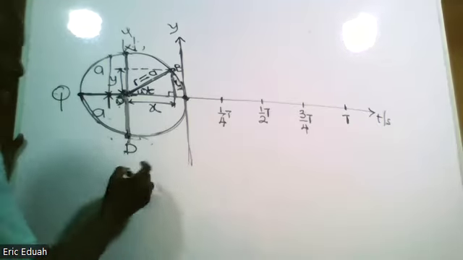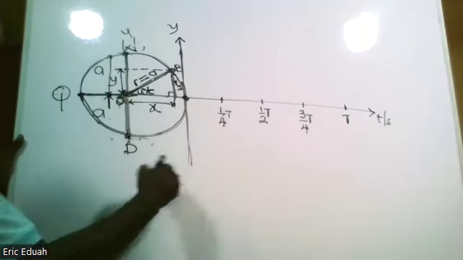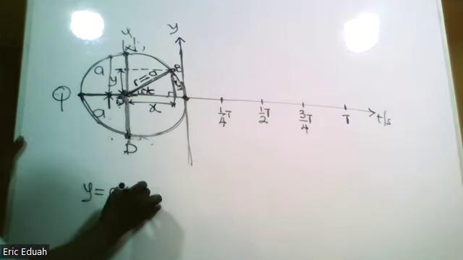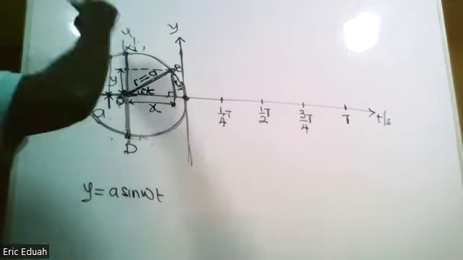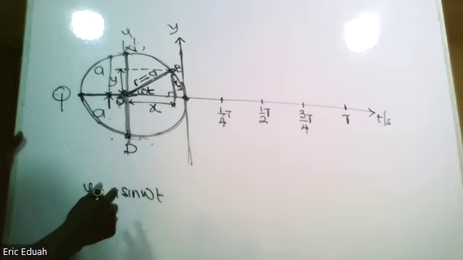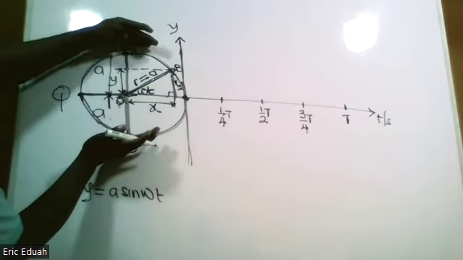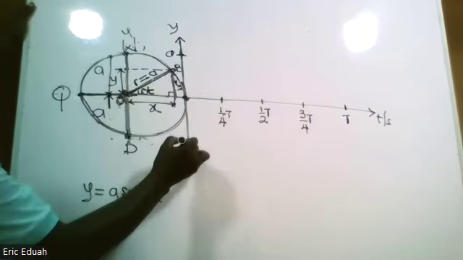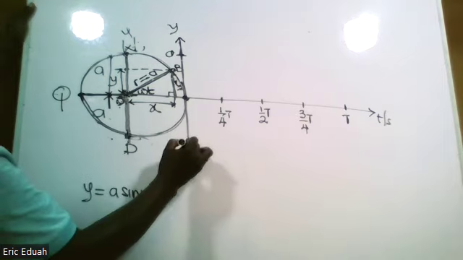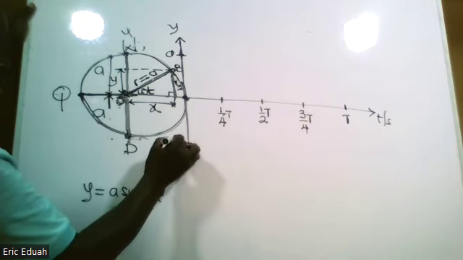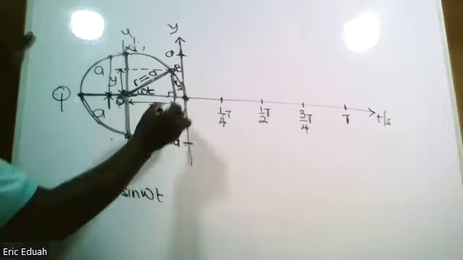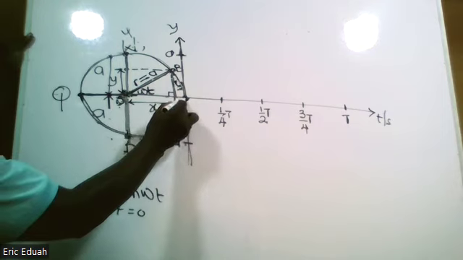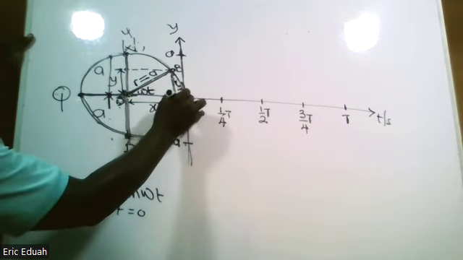So we are looking at displacement along the vertical, using y is equal to a sine omega t. This motion occurs between the extremes. So we have the maximum displacement A, and the other maximum displacement, which is the amplitude, minus A. Now when t is equal to 0, the displacement of the body is equal to 0.